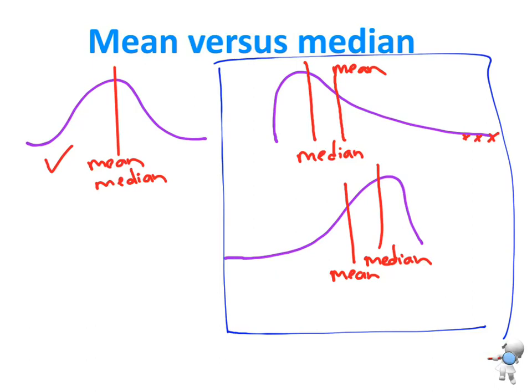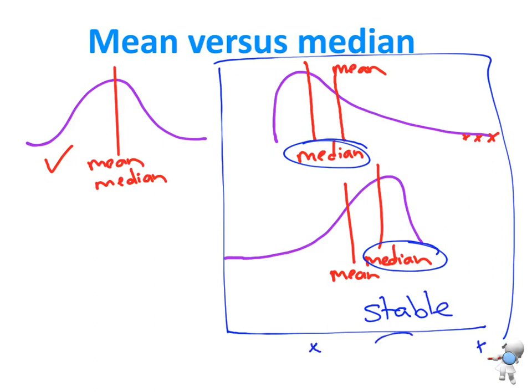One of these measures is better than the other, and in that case the one that's better is the median, because the median is a much more stable measure. It's not interested in what the outliers are, it's only interested in where the middle positioned value is. So we can do all of this analysis with either mean or median. Most of the time we'll do it with median because we don't know what shape data we might get.